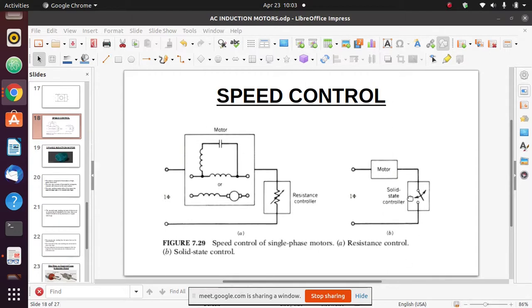Now the other way we can control the speed of a single phase induction motor is solid state control. This I'm not really sure about. I'm not so conversant with it, but what I know is that you can control the voltage, since it's AC. In AC voltage there will be a positive and a negative value. Then it is possible to control the voltage in the positive and also control the voltage in the negative using solid state voltage control.